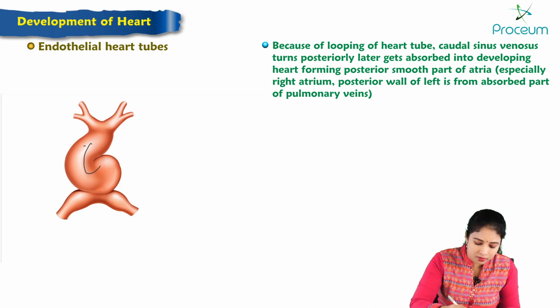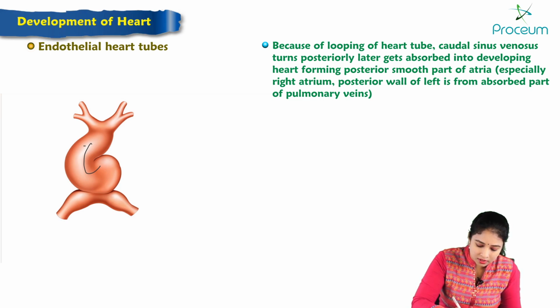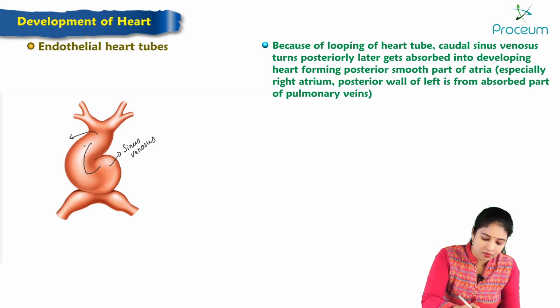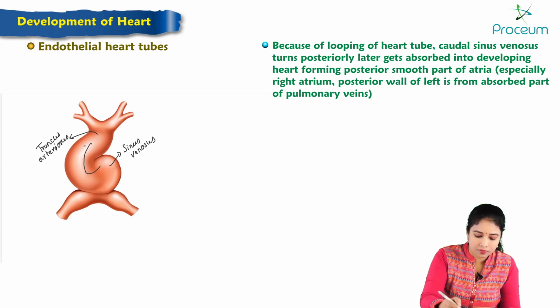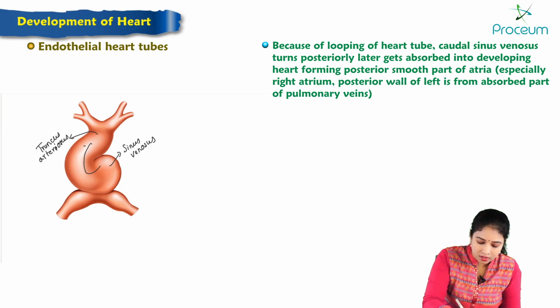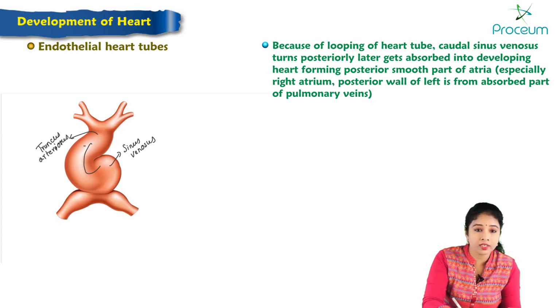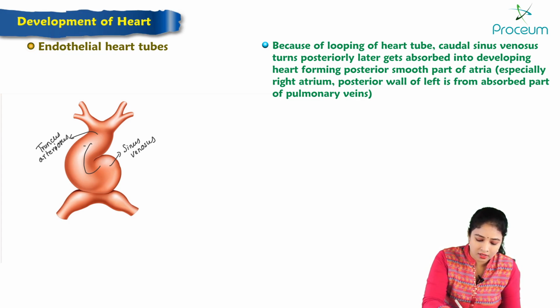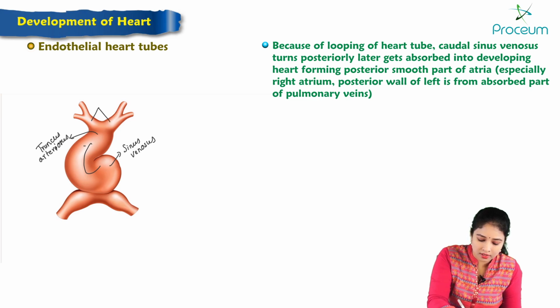This is the sinus venosus, the venous end of the heart, and this is the arterial end, the truncus arteriosus, which continues as the aortic sac and divides into the aortic arch arteries.